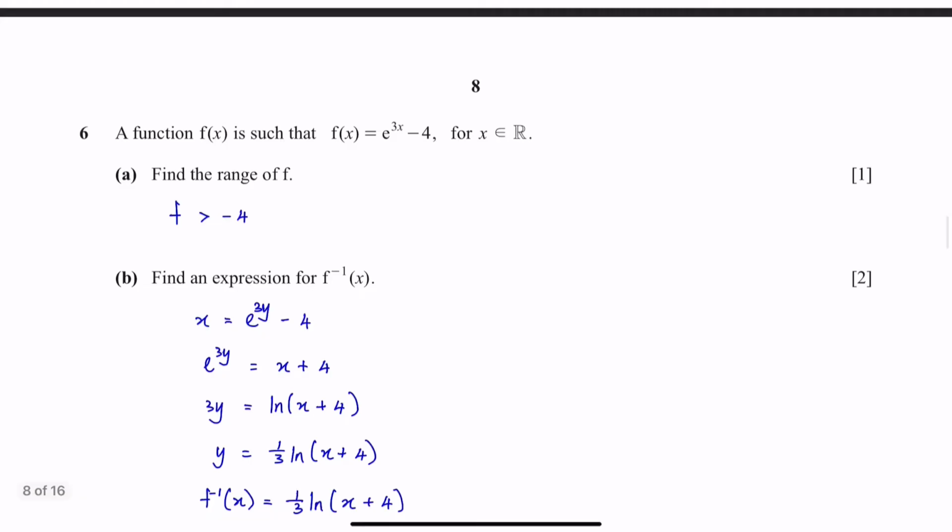So to find the x-intercept of this function, we equate it to 0. So we have e to the 3x minus 4 equals 0. So e to the 3x equals 4, and 3x would be ln 4, and x would be 1 over 3 ln 4. This would be our x-intercept of the f(x) graph.